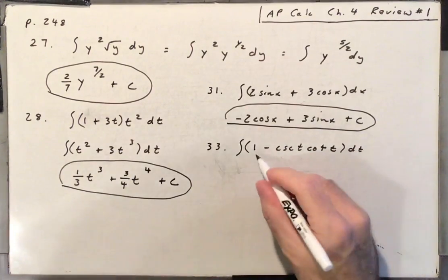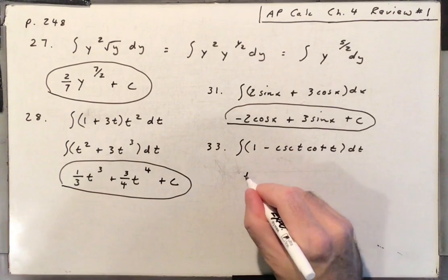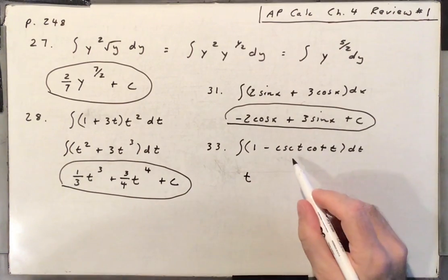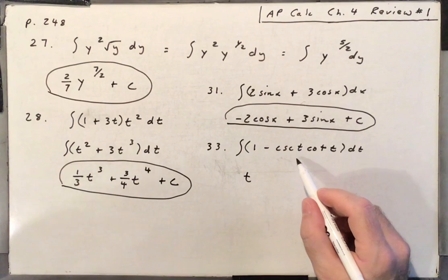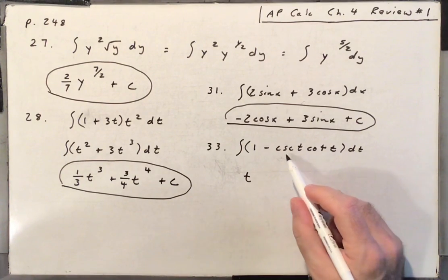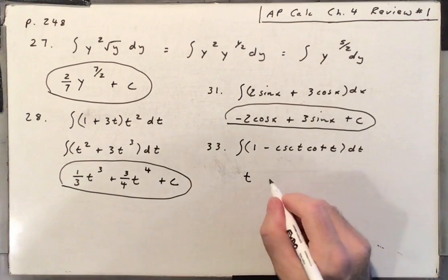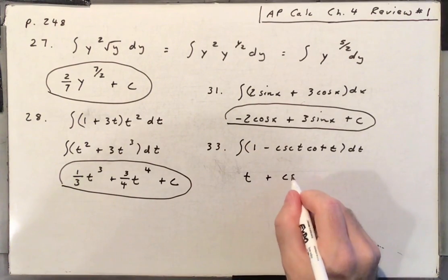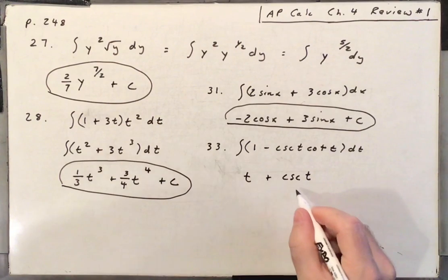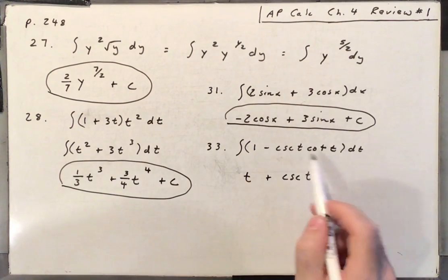Okay, the antiderivative of 1 is just going to be t. And then what trig function, when you take the derivative, gives you minus cosecant cotangent? All right, well, I believe it's cosecant. The derivative of cosecant is minus cosecant cotangent.